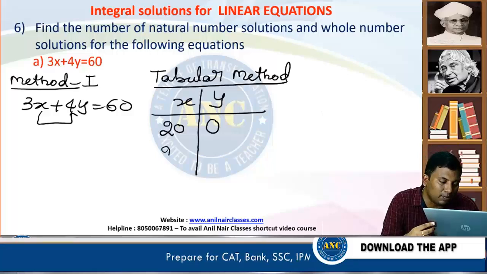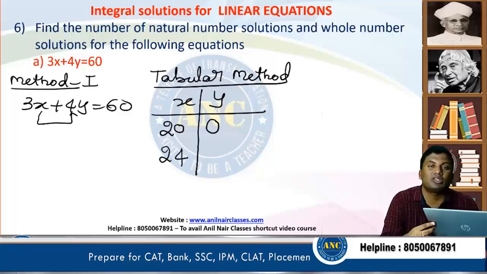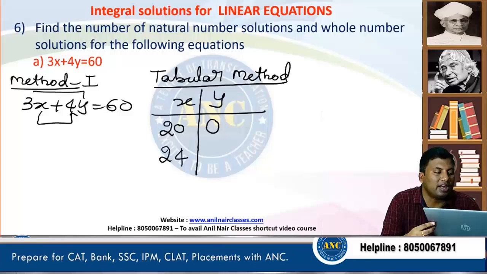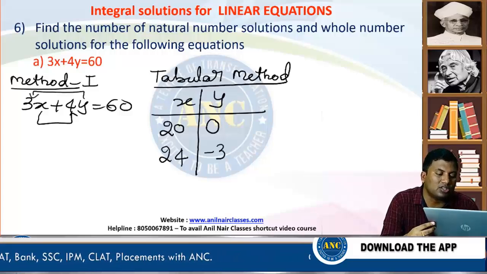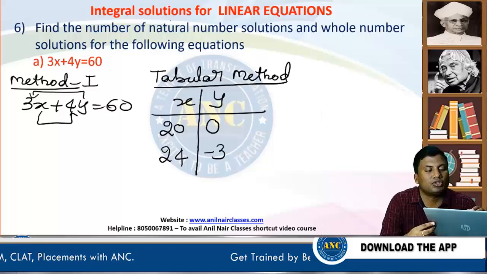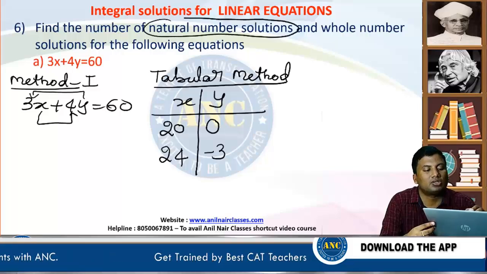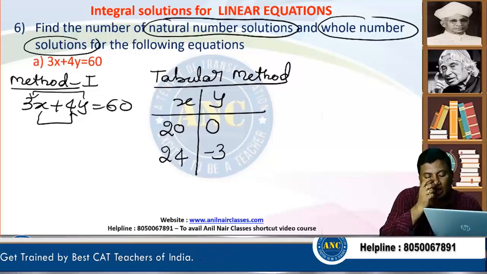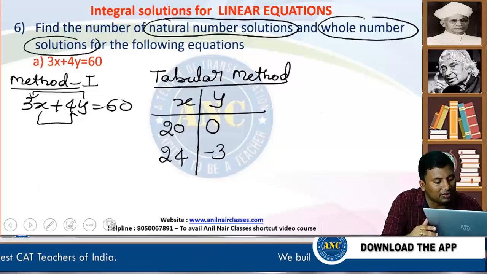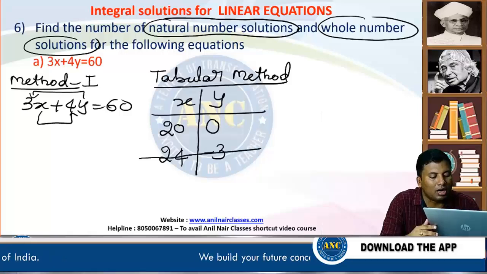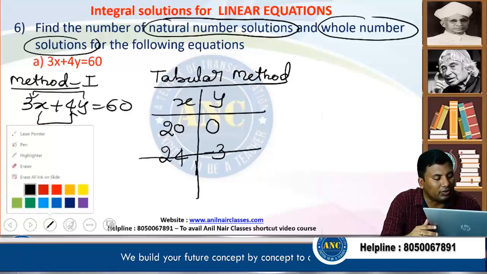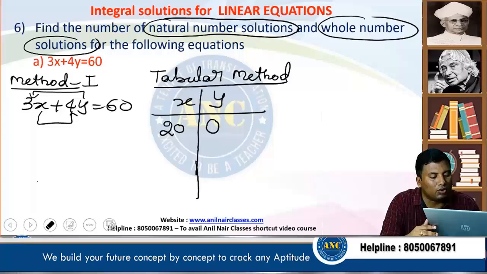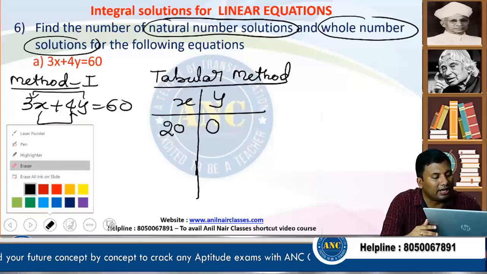If I increase by 4, 20 plus 4 is 24, and y will decrease by 3. 0 minus 3 is minus 3. But the question asks for natural number and whole number solutions, so it cannot take a negative value. So this case I am not taking because it is getting into a negative value.